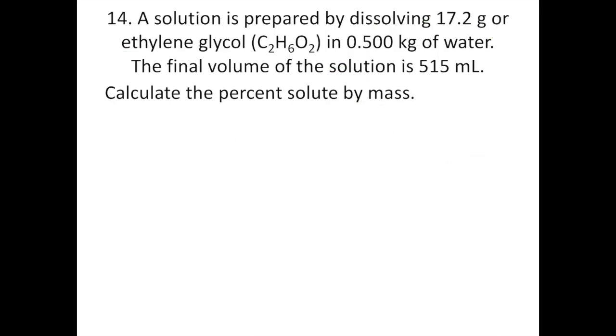Same problem. This time we're going to do percent solute by mass. All right, percent by mass. What you want is the mass of your solute over the mass of your solution, so the whole thing.